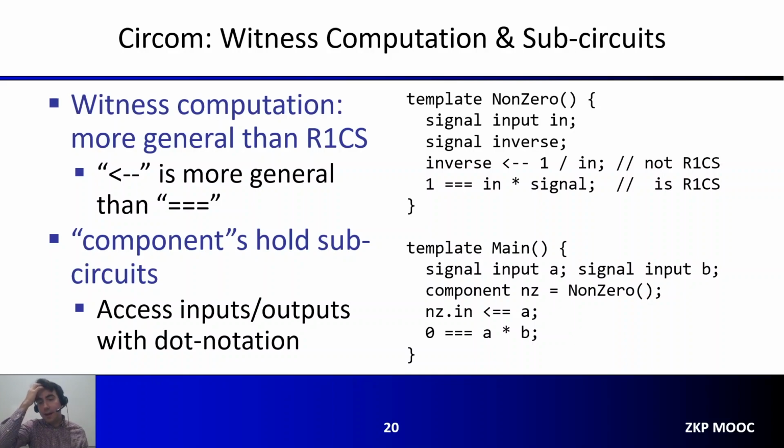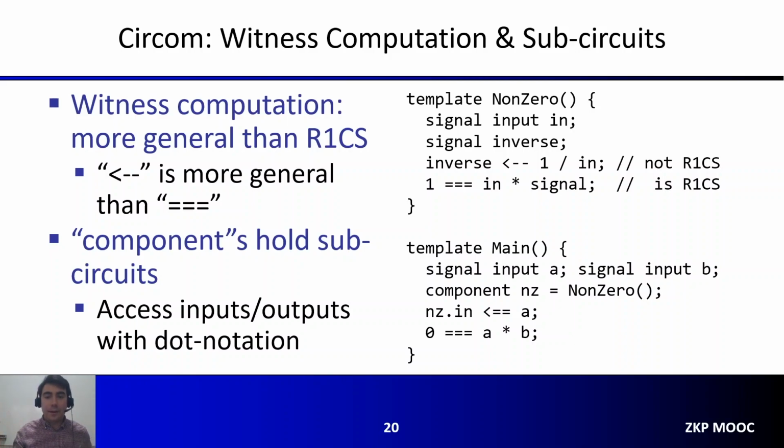And then on the next line, we want to connect our input A to the input of our subcircuit. And so we can refer to the signals of subcircuits using dot notation. So NZ.in refers to the in signal inside the non-zero component, or the non-zero template.